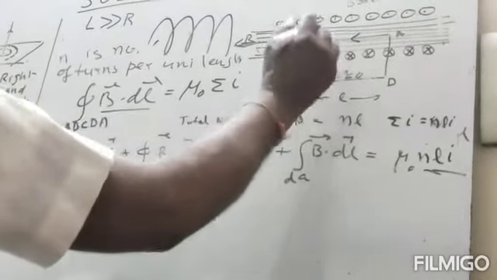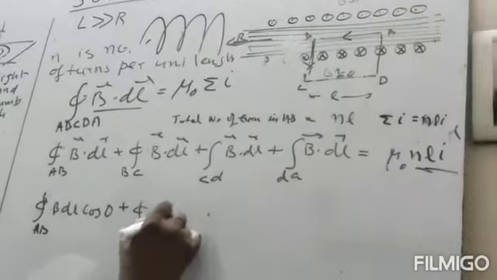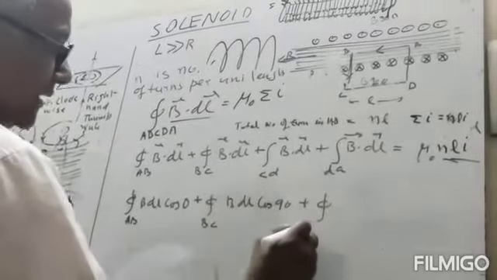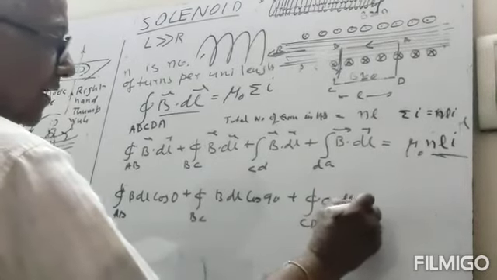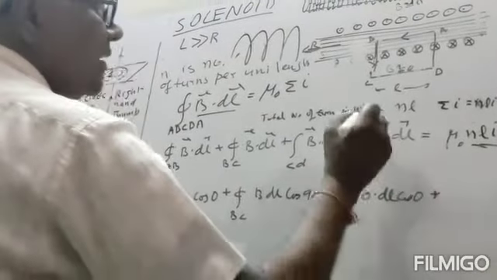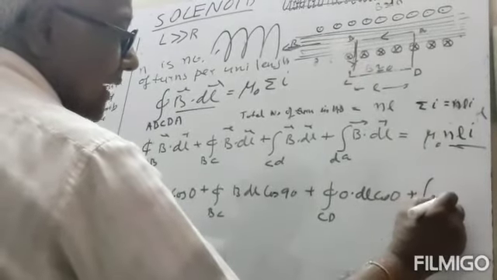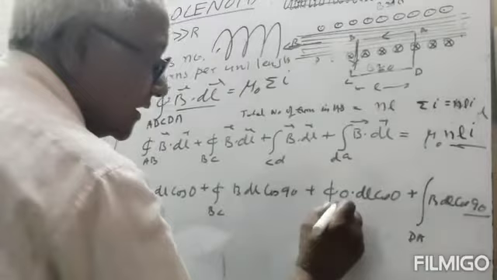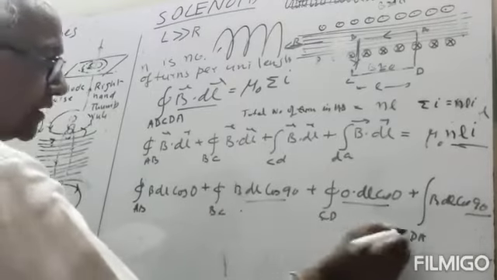BC will be perpendicular to B, so theta is equal to 90. So here B dl cos 90, plus CD. For CD, B is equal to 0, so 0 into dl cos 0, plus DA. Then B dl cos 90. Now we know cos 90 is equal to 0, so this term will be 0.